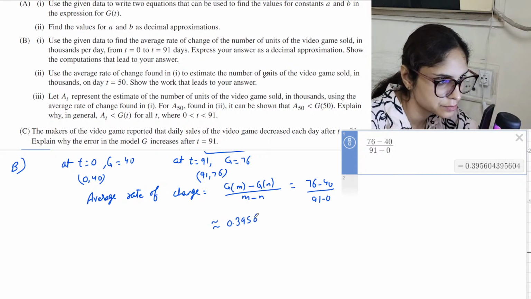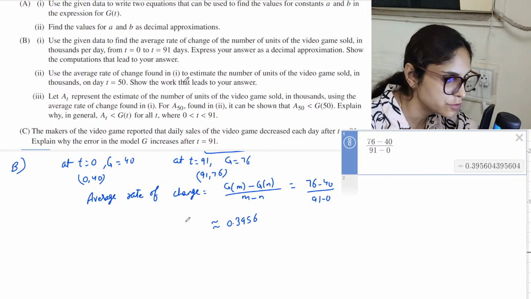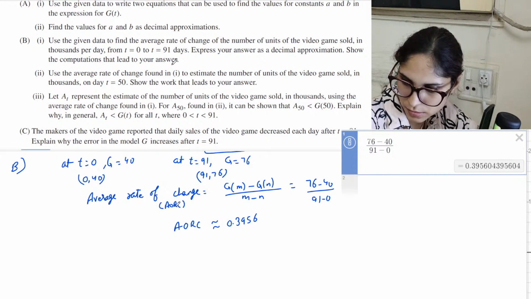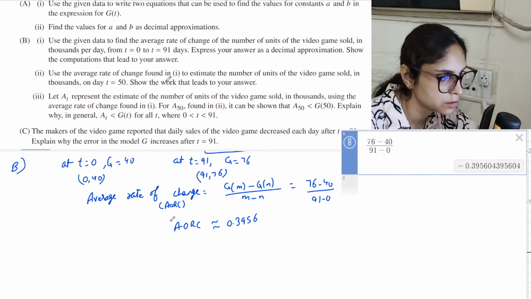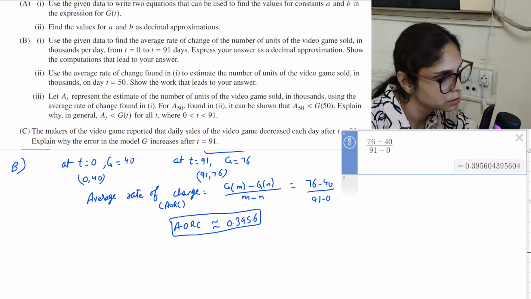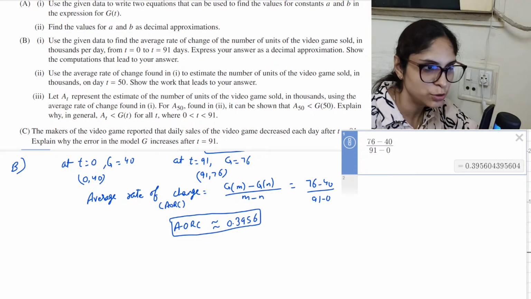This is our average rate of change, and I can call it AORC. I hope you got it.